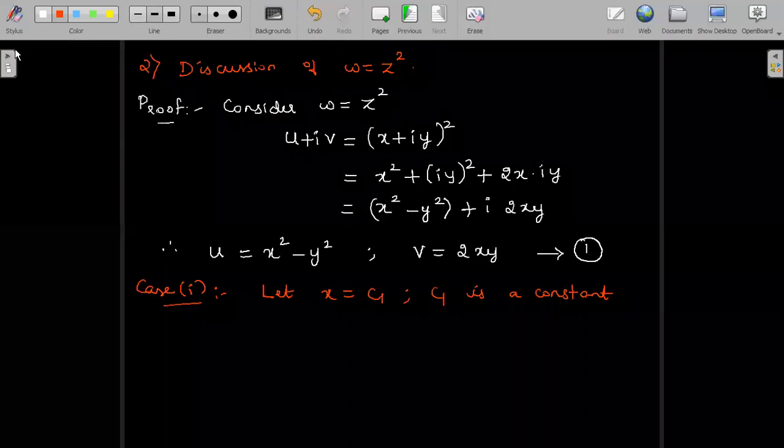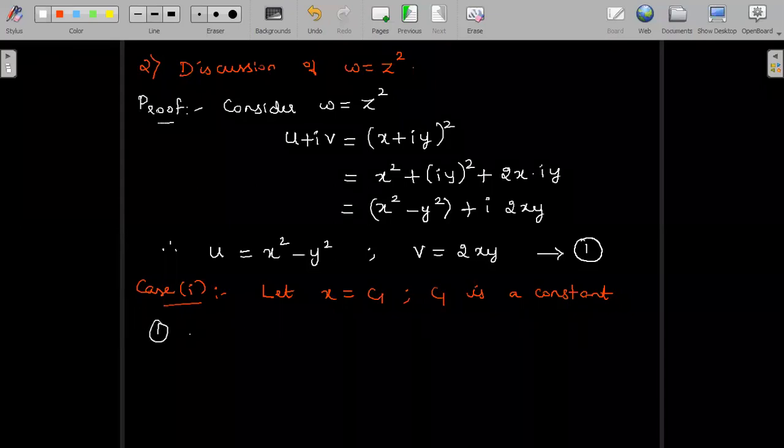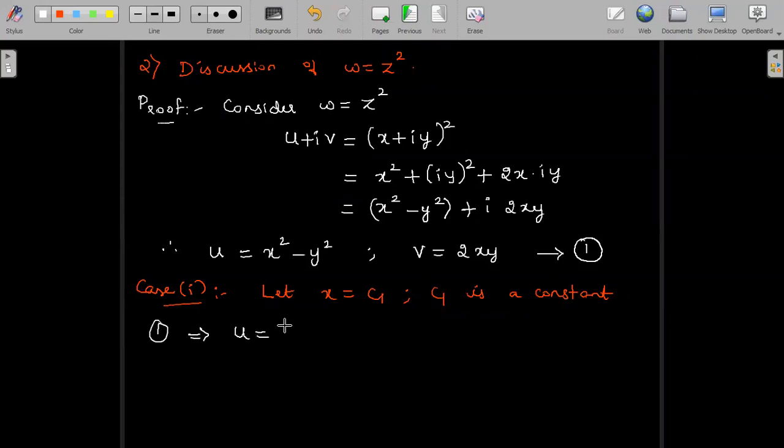Now taking x is equal to C1, substituting in equation 1, we get u is equal to C1 square minus y square, and the other curve will be v is equal to 2 C1 into y. Now from the second one, we will try to write down what is y.